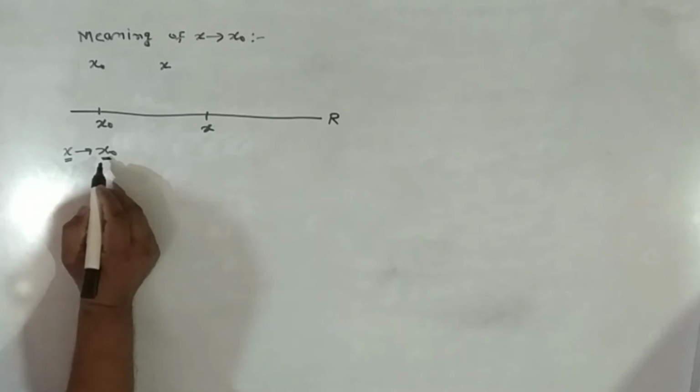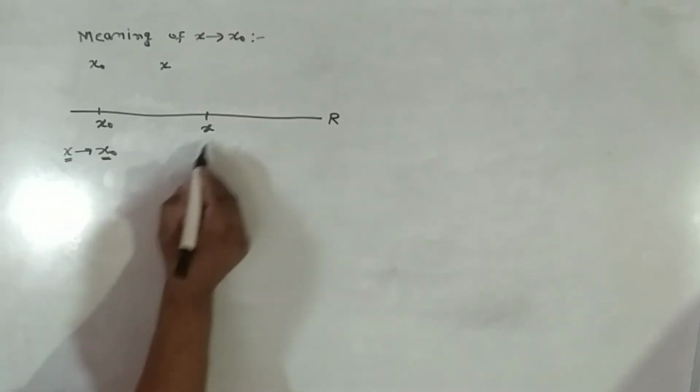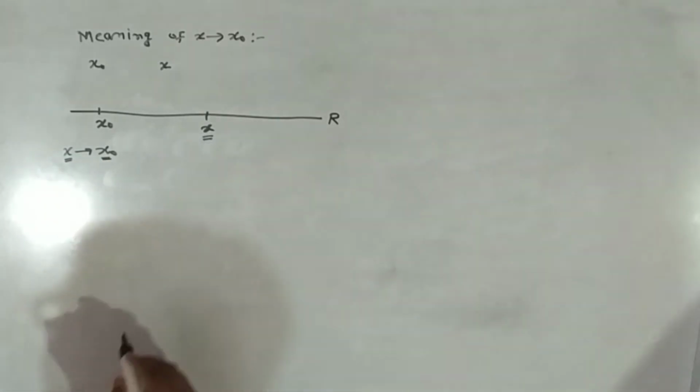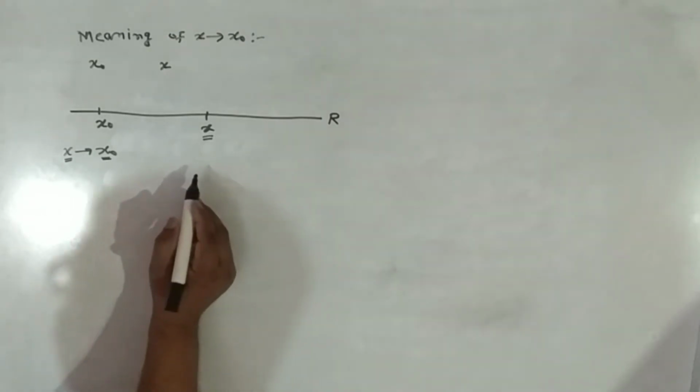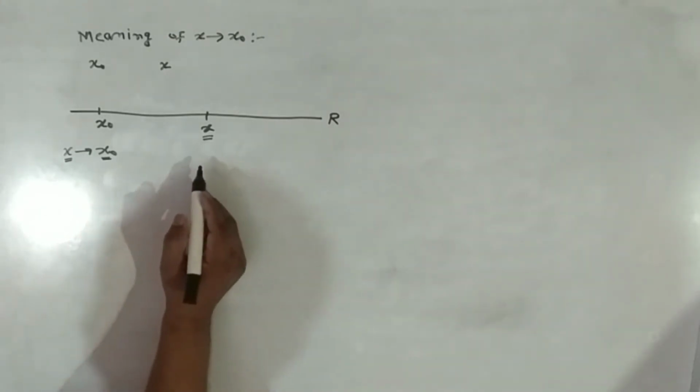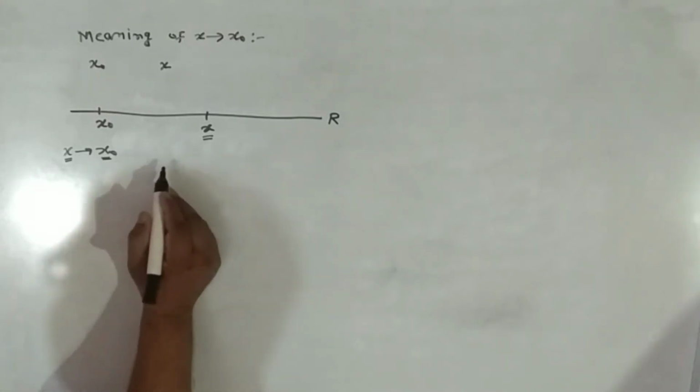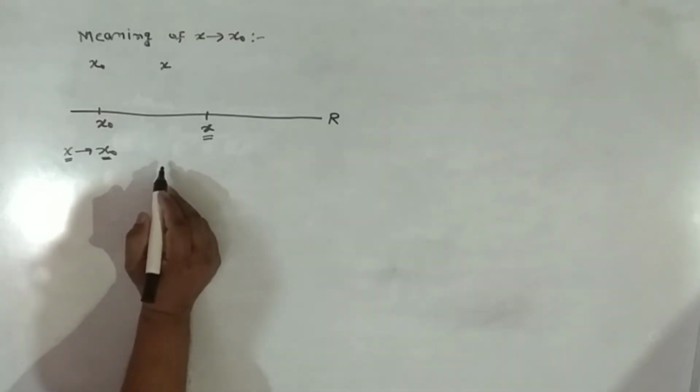The movement of x can be done in two ways, that is from left or from right to x0.